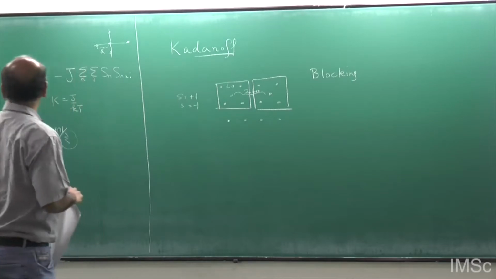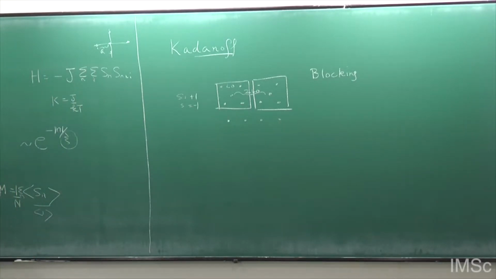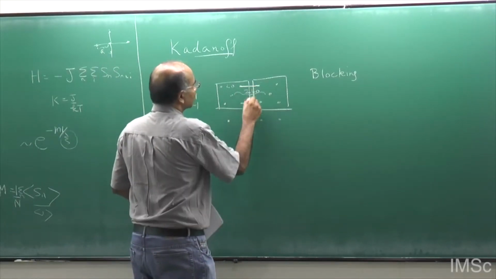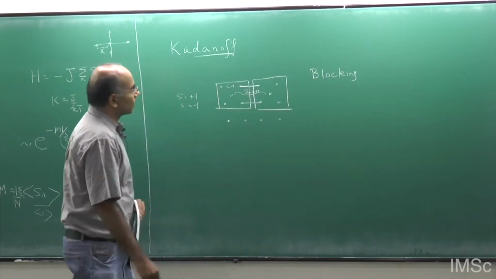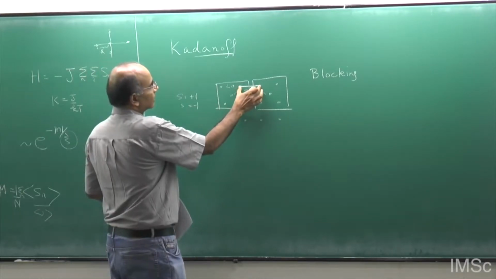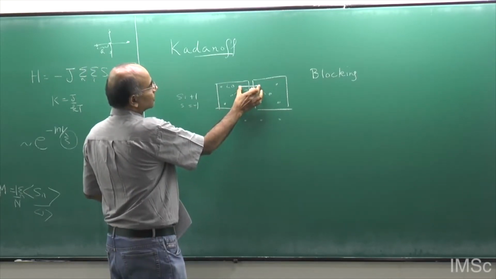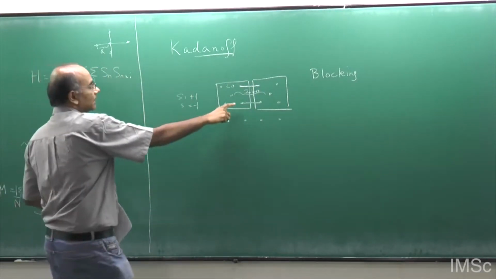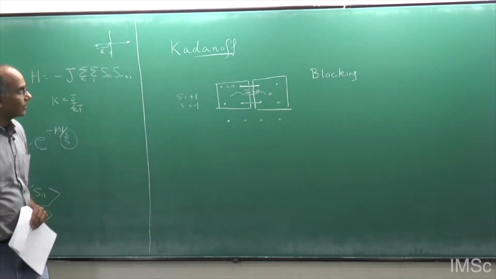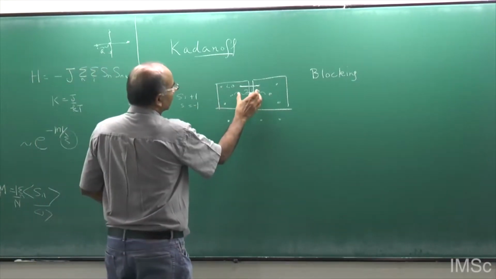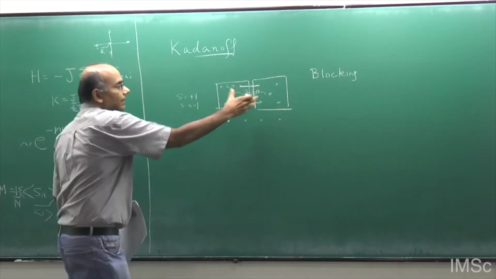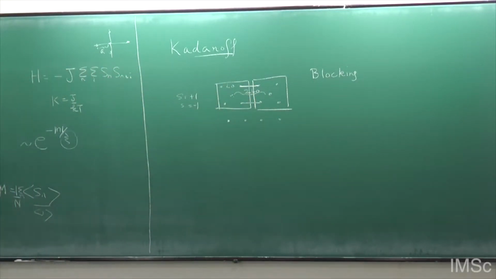Now you can ask what's going to happen to this K, and so you look at the energies and you consider these two bonds. So you're basically saying these two spins are up, this has an energy K, and if these are up, this has an energy K. So in this new model, it's K plus K, because if this spin is up and this spin is up, you should get 2K. So roughly speaking, you would replace K by 2K.